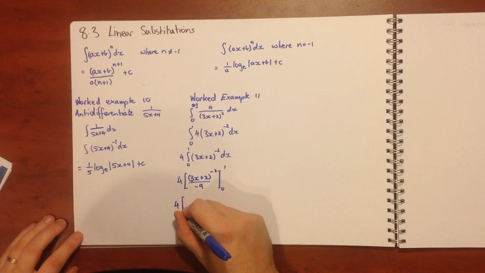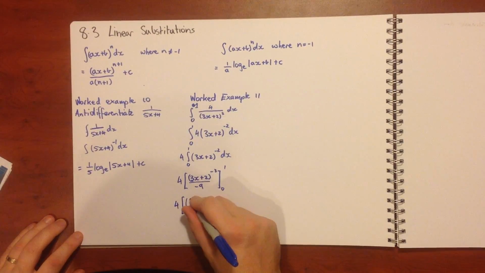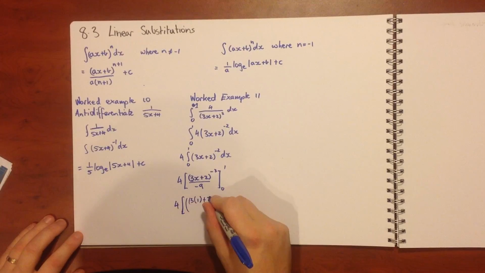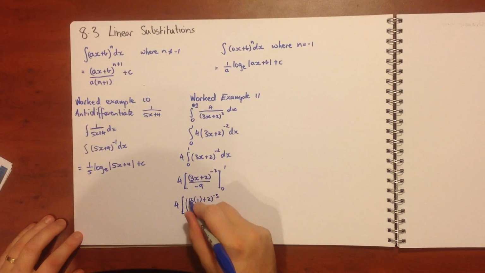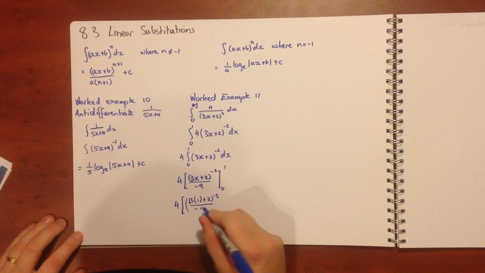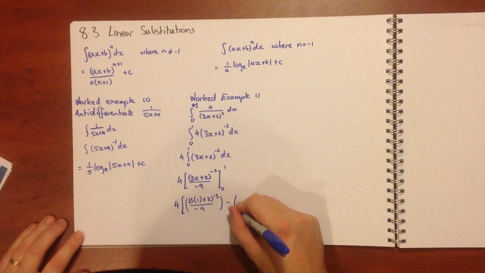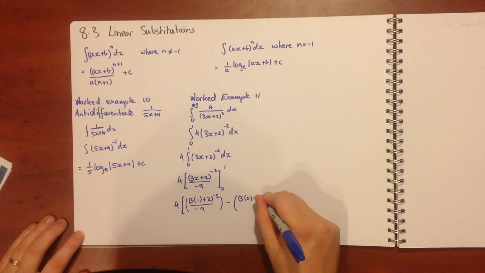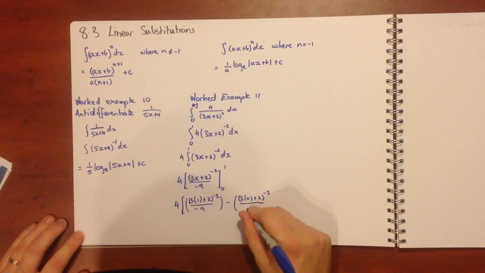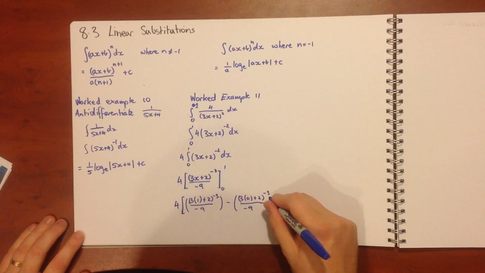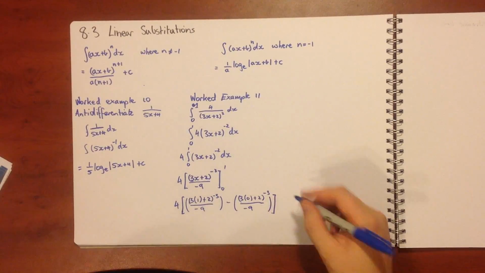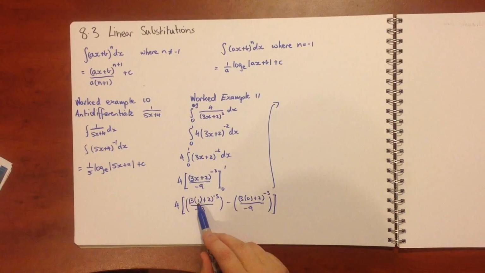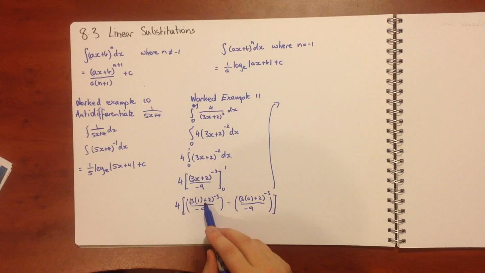So we've got 4 outside of 3 times 1 plus 2 to the negative 3 over negative 9, minus 3 times 0 plus 2 to the negative 3 over negative 9. So really we can say that we've got 3 times 1, which is 3, plus 2 is 5.